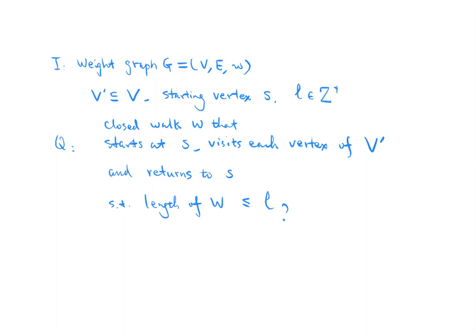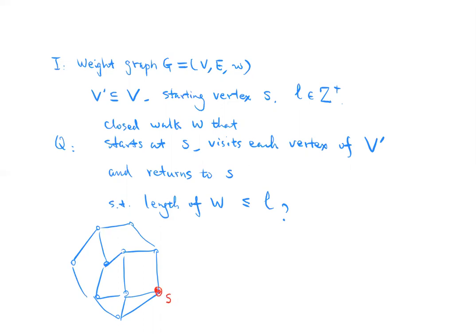So that's a problem. I give you a graph, and you have to visit some vertices. It's weighted, okay? So I will ignore these weights, otherwise too messy. So maybe a starting vertex is here, that's S. And some vertices we must visit.